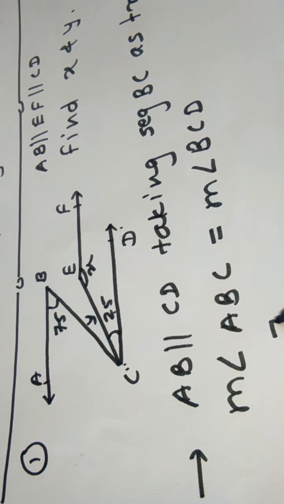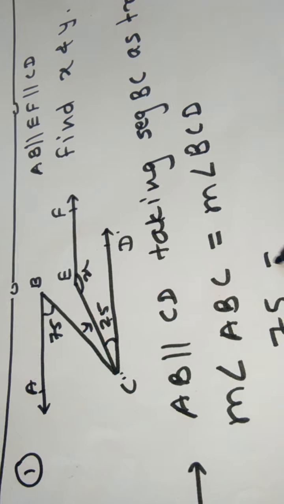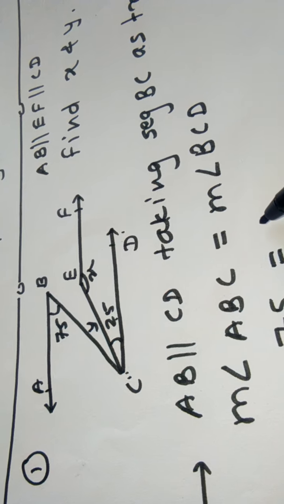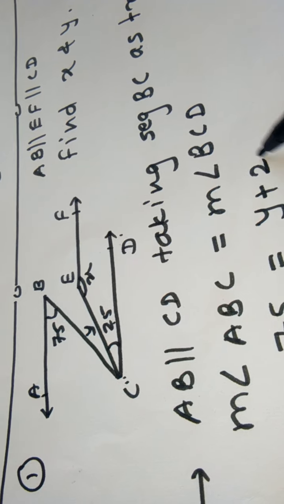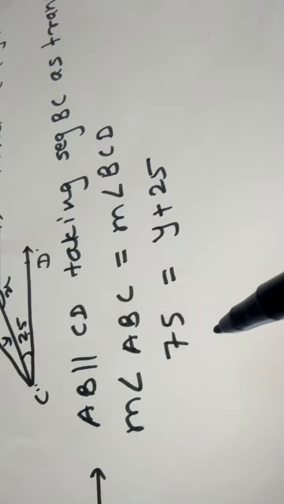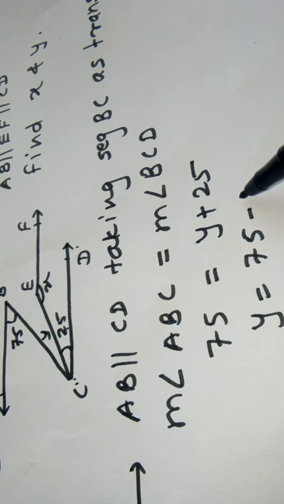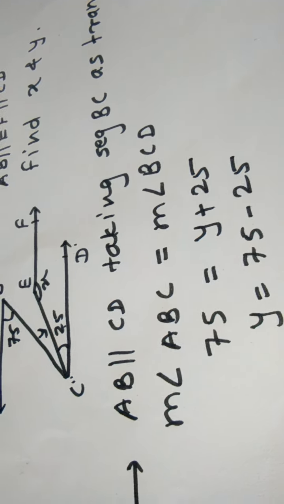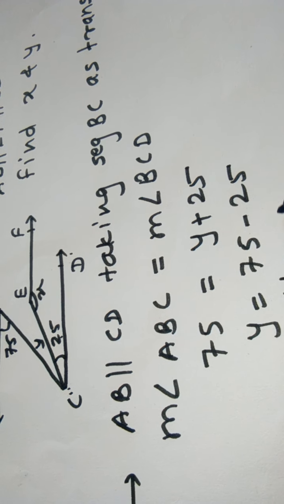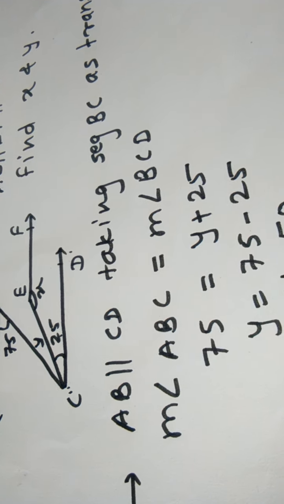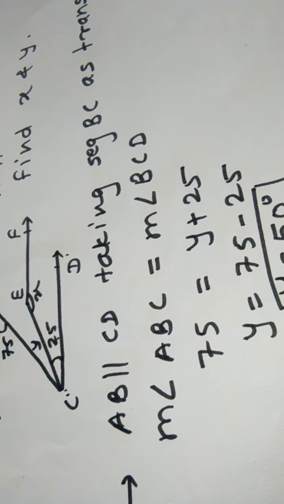Measure of angle ABC is 75. Measure of angle BCD is Y plus 25. That is Y is equal to 75 minus 25. Y is equal to 50 degrees. We get the value of Y.